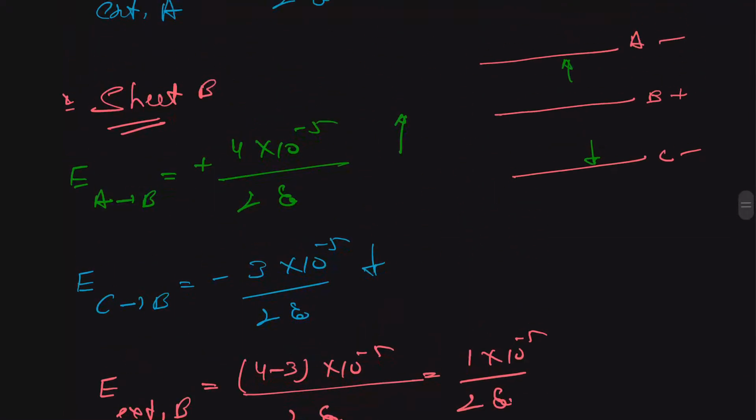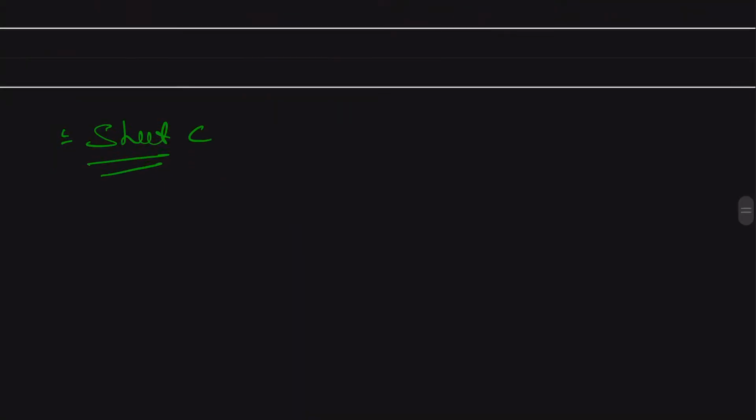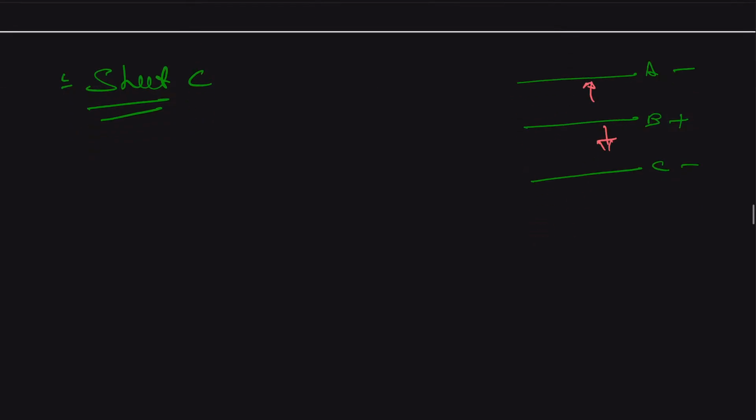Once again, this is A, B and C. So this is negative, positive and negative, and we know for negative it is toward the sheet, and for positive it is away from the sheet. So we come to our electric field because of A on C, which will be upward, so we are going to take that as positive.